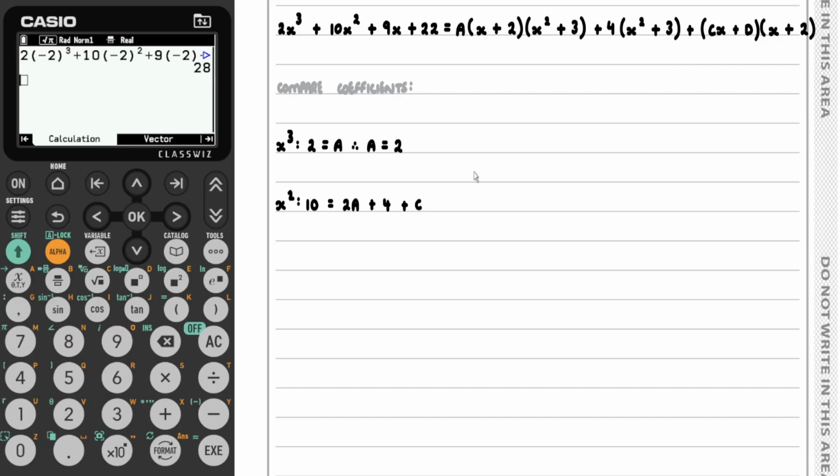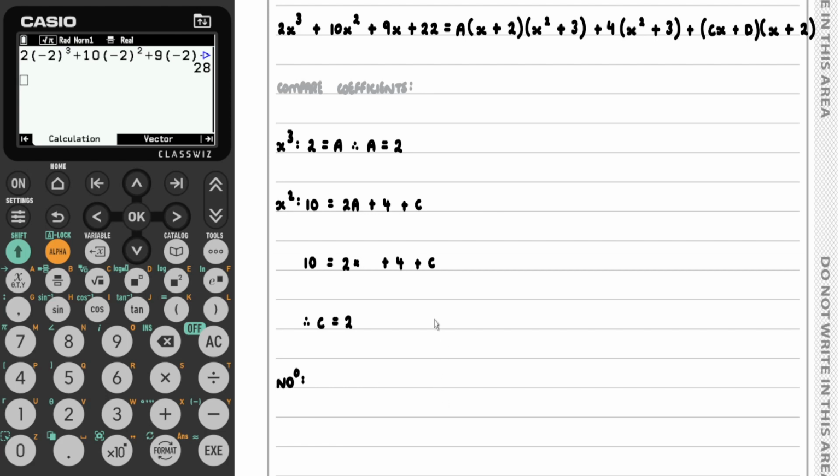So the coefficient of x squared on the right hand side will be 2a plus 4 plus c. We know what a is, that's 2. So we have 10 equals 2 times by 2 plus 4 plus c, meaning c is equal to 2.